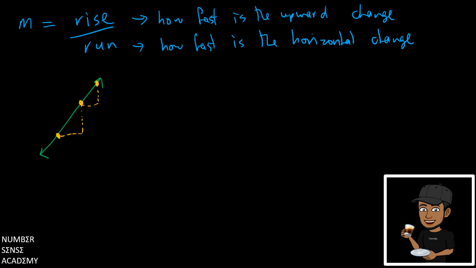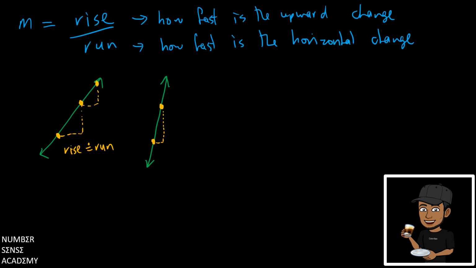Now, what if I was to look at this example? If I want to change points, if I want to go from this point to this point, I'm going to take a small step forward and then a big step upward. So if I go back to this one, this rise is equal to the run. Approximately. We're going to say it's about equal to the run.